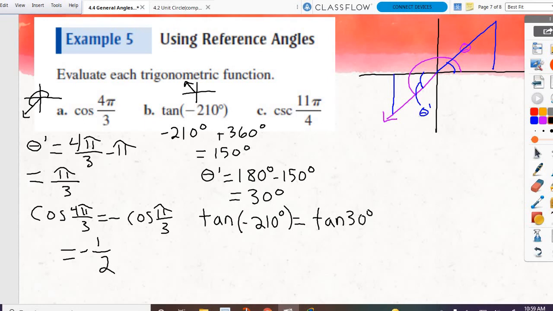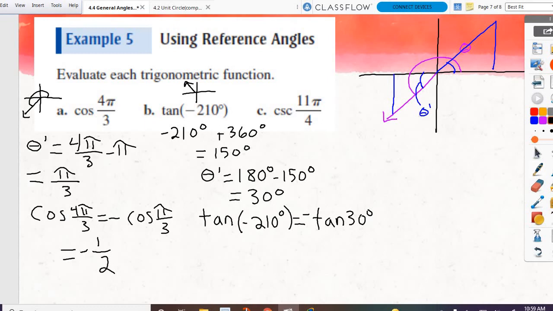Well, what do we need to worry about? The signs. So in my second quadrant, would tangent be positive or negative? So remember, it's A, all. Smart. Sine is positive in my second, so it's negative.